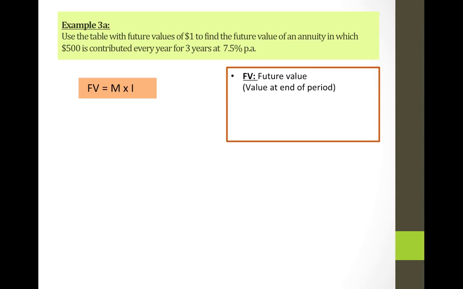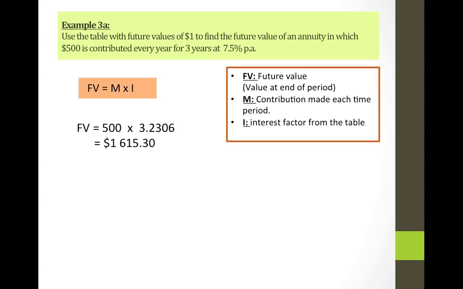That's the value of the annuity at the end of the time period. M is the contribution made each time period. And I is the interest factor you find from the table. We've just looked at a small extract in the video, and there's a more expanded one in your textbook.